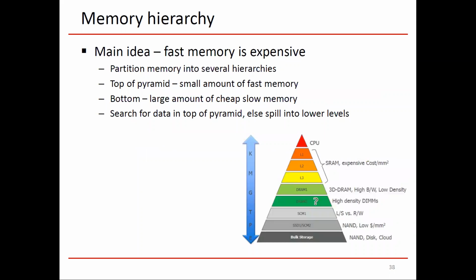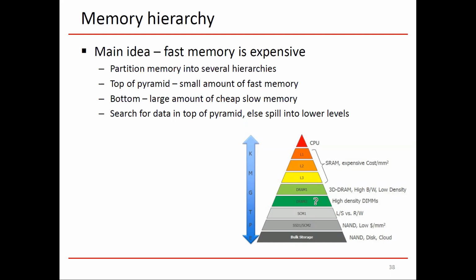Now, part of the problem here is that we need to be processing data, and we need to store the data, and storage can be expensive. So here we have a concept called a memory hierarchy, which is represented in a pyramid. Toward the top of the pyramid, we have types of memory that are very fast, but that comes at the cost of being expensive.